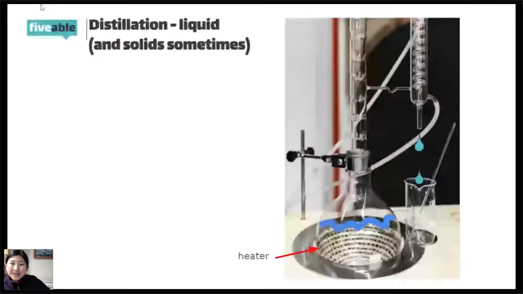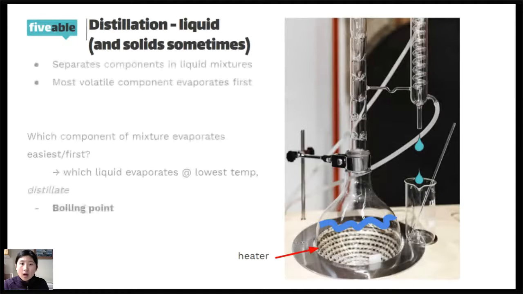All right, so in distillation, we have a container of the solution that we want to separate, and then we have a heater on the bottom. What we're trying to do is figure out which component of the mixture is going to evaporate first. In distillation, we're trying to separate the components in liquid mixtures, so the most volatile component will evaporate first.